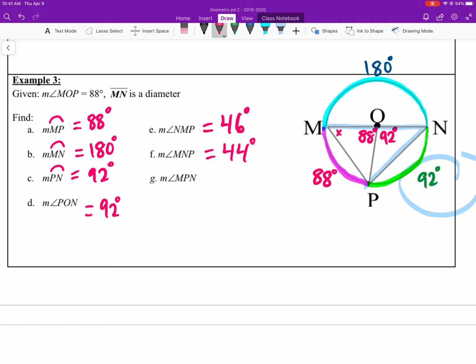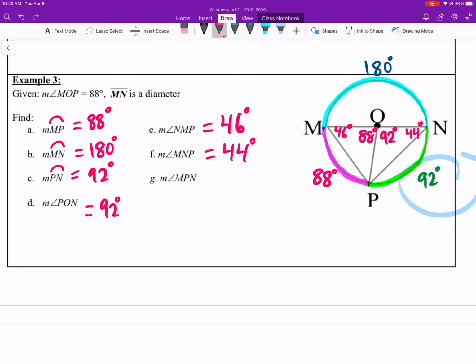And finally, angle MPN. So MPN, that's this angle here. Let me take out some of this inside stuff. Let's fill in what we have. We found that this was 44 degrees. This is 46. So what's the measure of MPN?